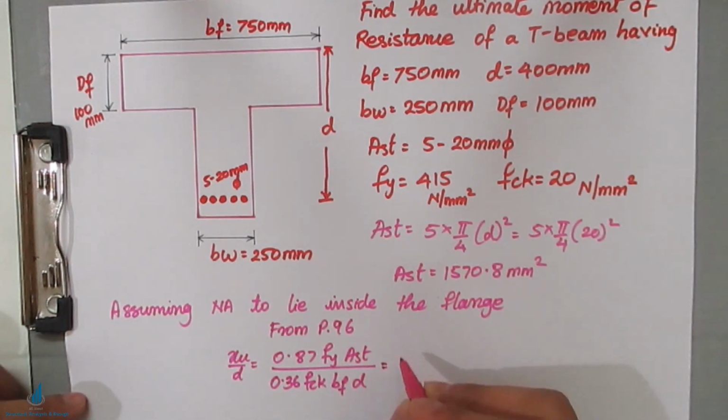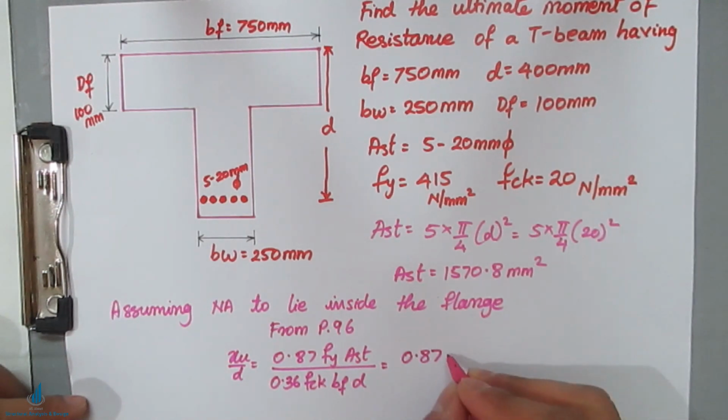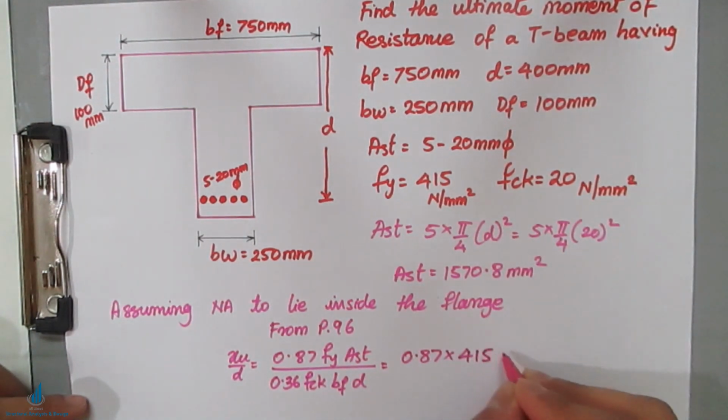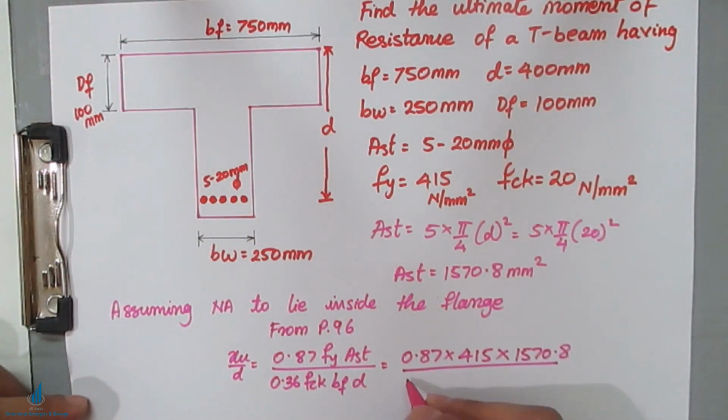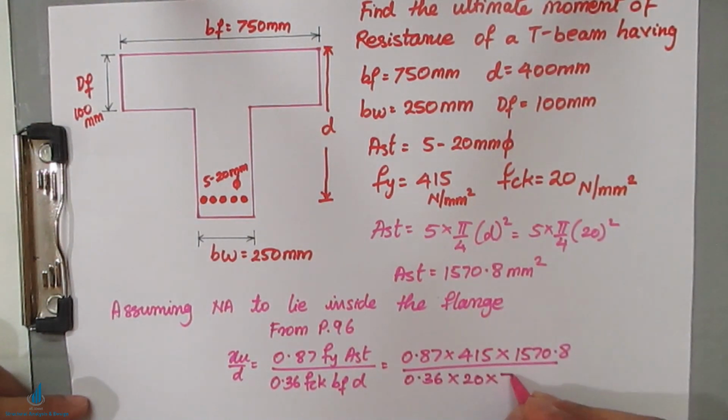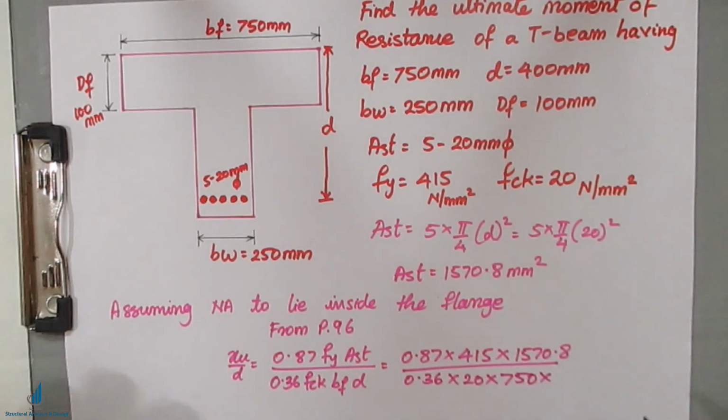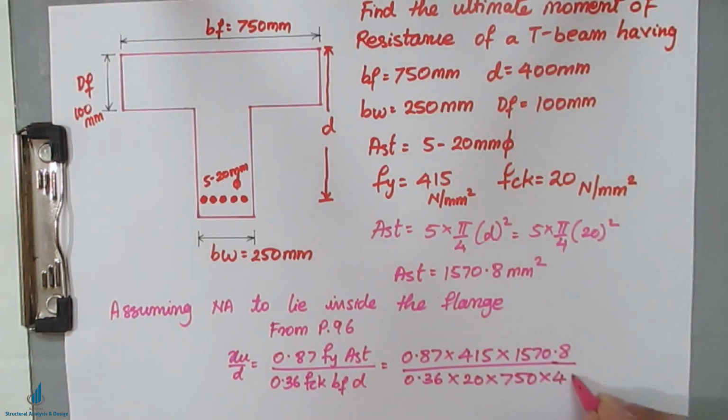Then just substitute these things. 0.87 into Fy is 415 and AST you have calculated 1570.8 divided by 0.36, FCK is 20, BF is 750 and the effective depth is 400.